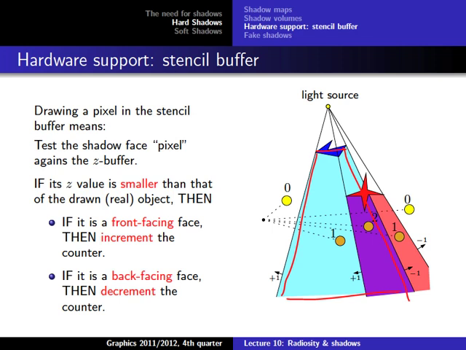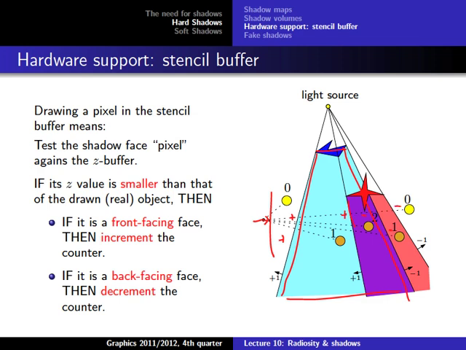So if we draw this here, we increase the counter here and decrease it here. For example, if this is our stencil buffer and we want to draw now the value for this point here, then we say the first volume is here. So we increase it here and we decrease it here. And then we draw the second volume, so we increase the counter here and decrease it here.